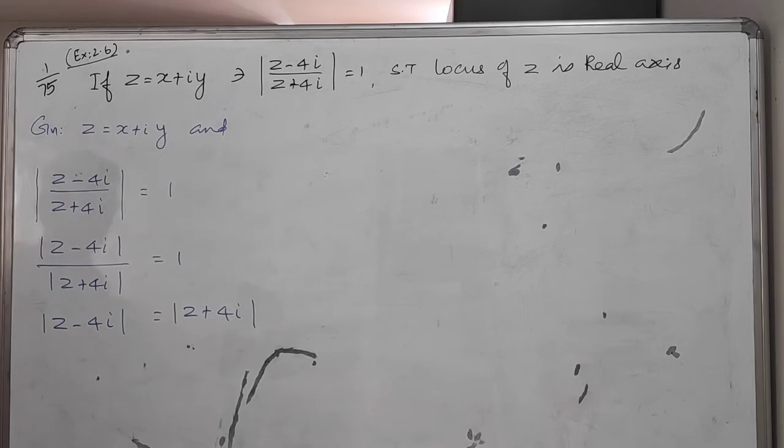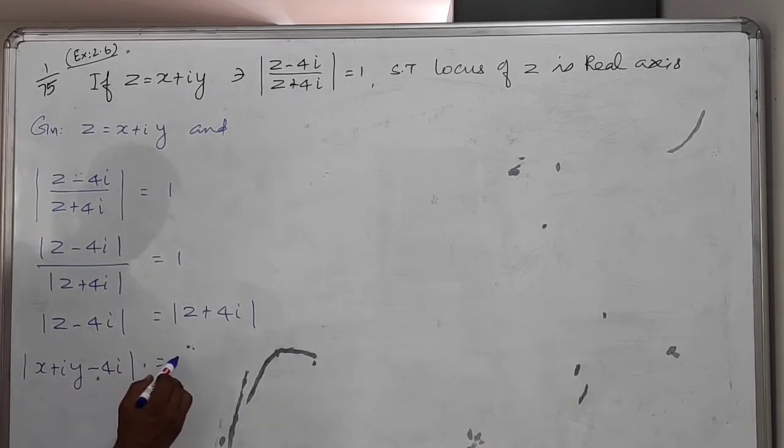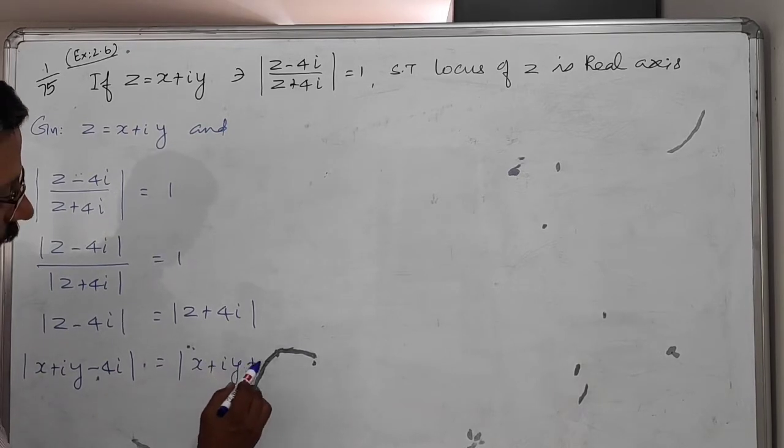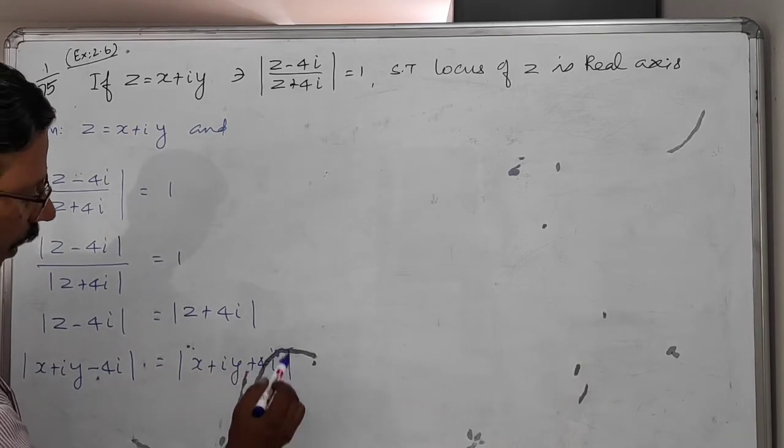Now replace the value of z, because z is given as x plus iy. Therefore you can write the modulus of x plus iy minus 4i is equal to, here also, x plus iy plus 4i.